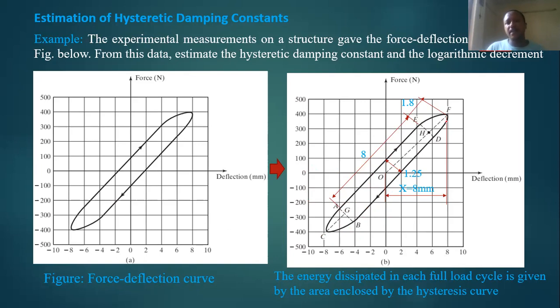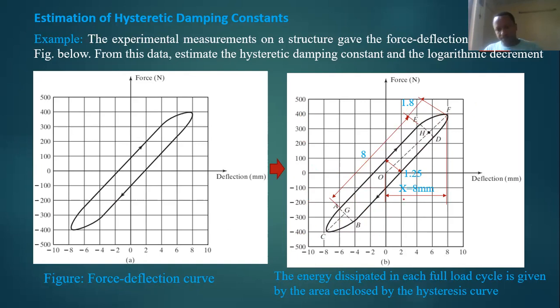Then calculating the area inside of this, finally we can get the amount of energy dissipated. So the total deflection x is equal to 8 millimeter. Force is from minus 400 to 400.